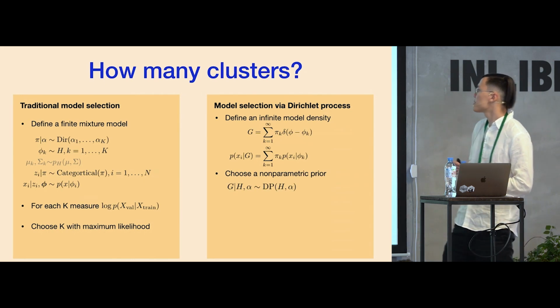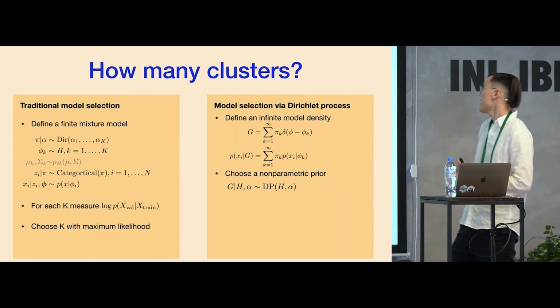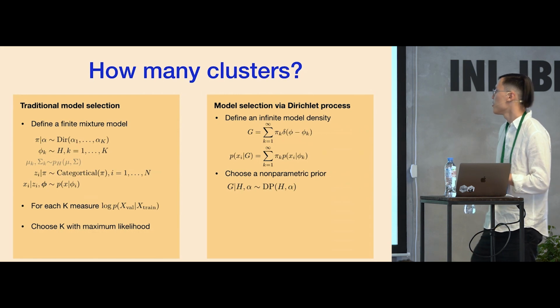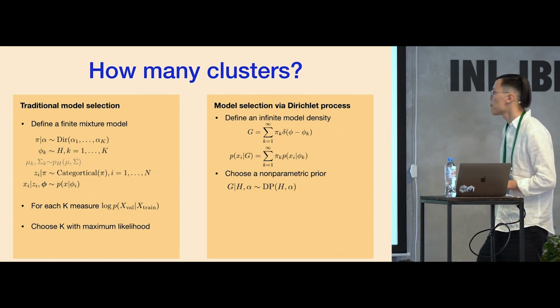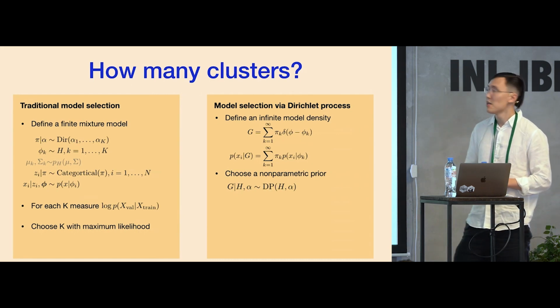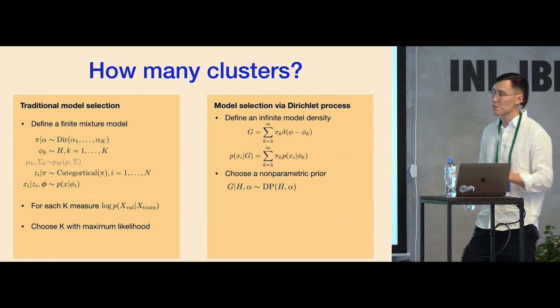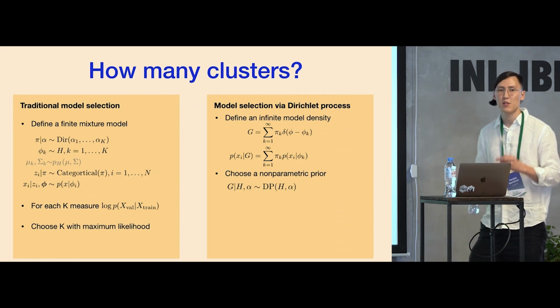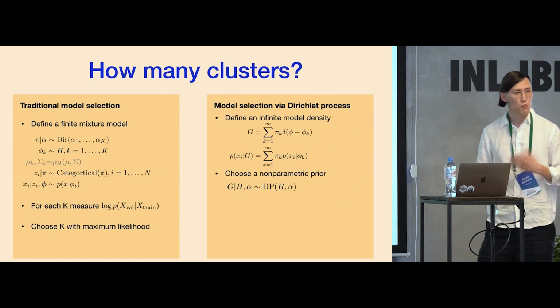Then what we do is we choose a nonparametric prior for this mixture of clusters. And this will be the central idea of the next few slides. We will be choosing a prior that is called the Dirichlet process. I will not explain all the details of the Dirichlet process because this is a non-trivial mathematical object, and to rigorously and properly define it, I would need one more lecture.